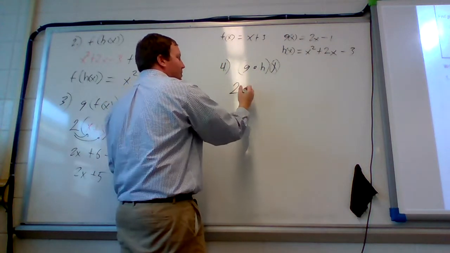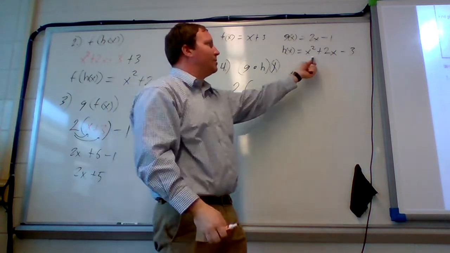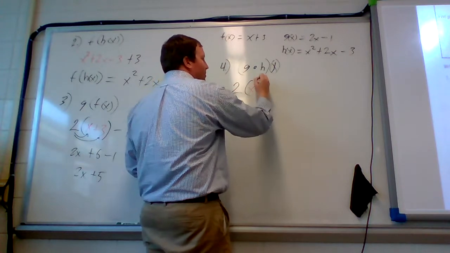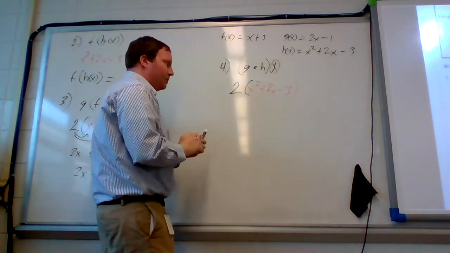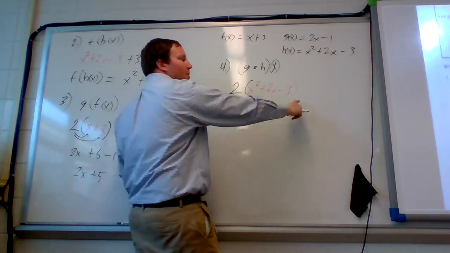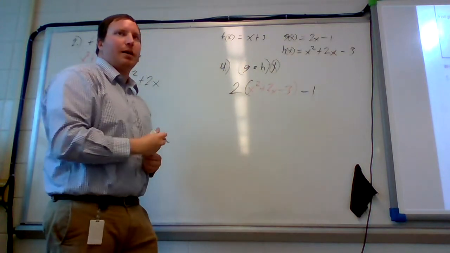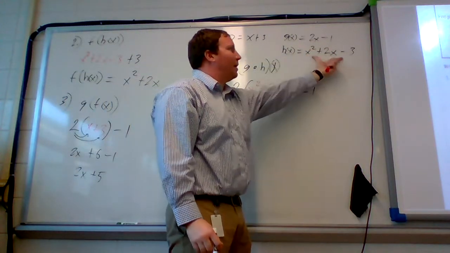So I've got 2x. Replace my x with the value of h of x. So that's going to be x squared plus 2x minus 3. And then continue just writing my g of x function. So minus 1. Again, I'm substituting in the x value with my other function.